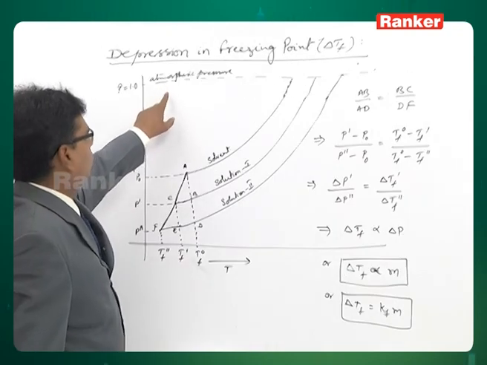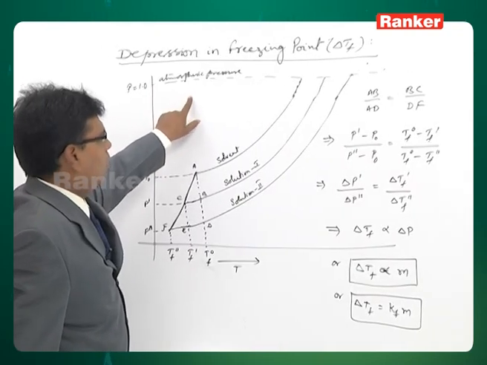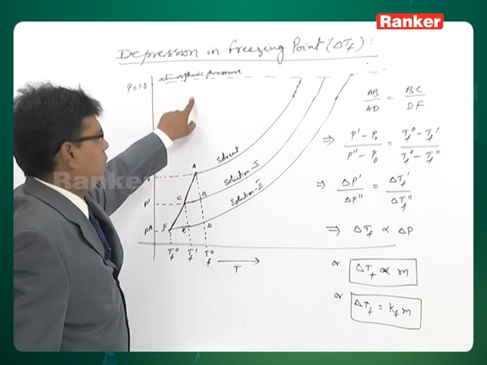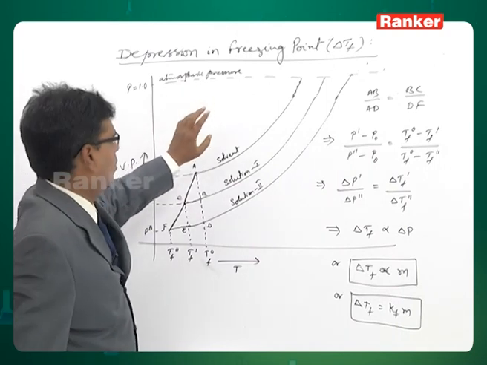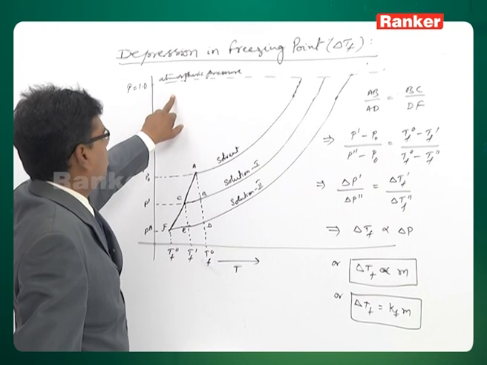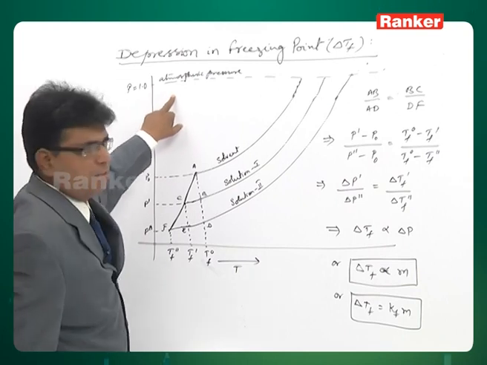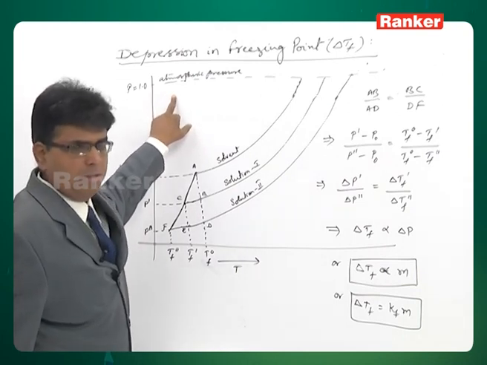The way in which we discussed elevation in boiling point for a solution compared to that of a pure solvent, in the similar fashion, graphically also we can explain the depression in freezing point for a solution compared to that of pure solvent.